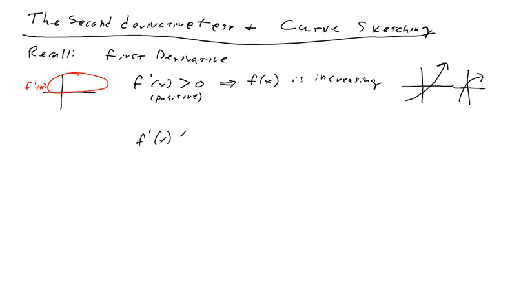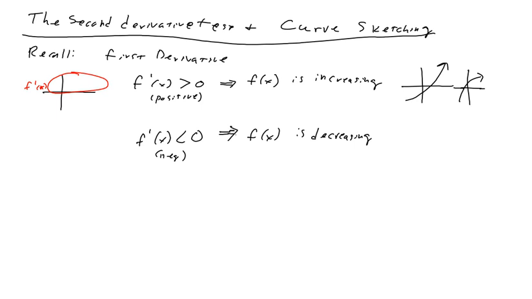If f prime is less than 0, or negative, then what do we know about f of x? If f prime is negative, then we know that f is decreasing. Yeah, decreasing, exactly.